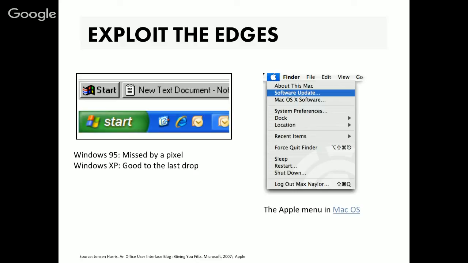Windows XP picked up one extra pixel row at the very bottom of the operating system, and just huge benefits from Hicks law, because now hitting it isn't stopping at the edge. You can actually exploit that edge, because when you hit it, your mouse obviously doesn't keep going, right? So exploiting the edges, these are easy targets to hit because the size basically extends out infinitely, right?